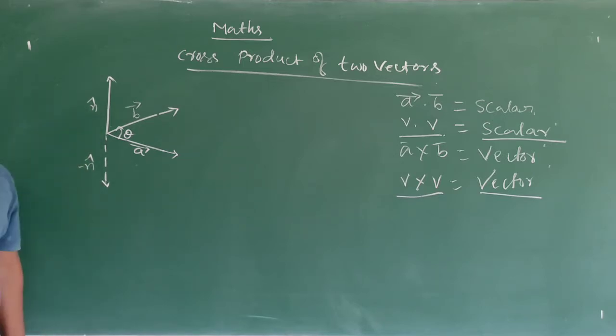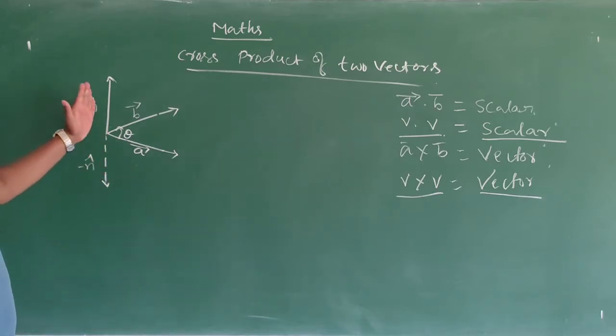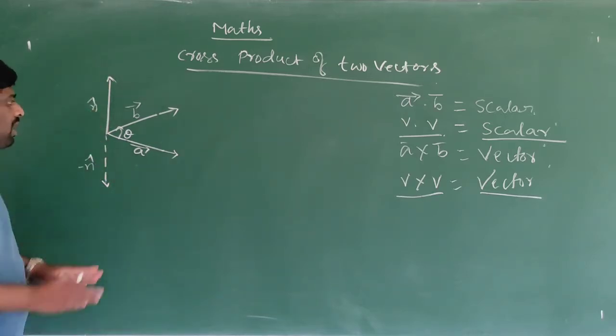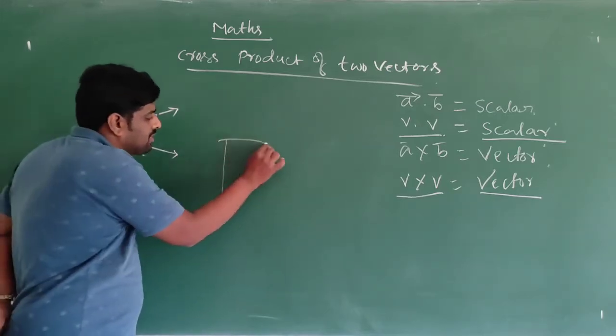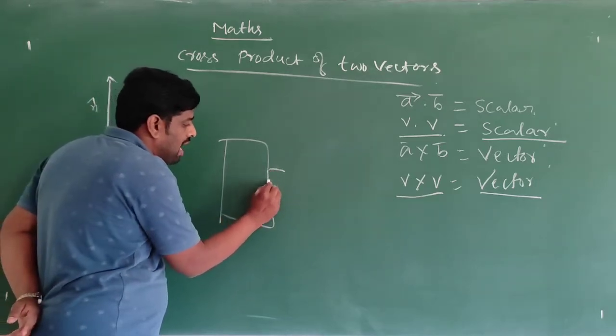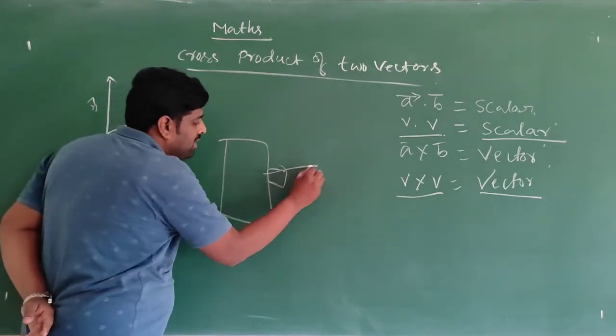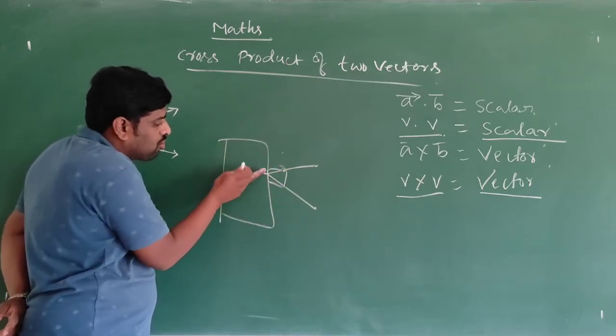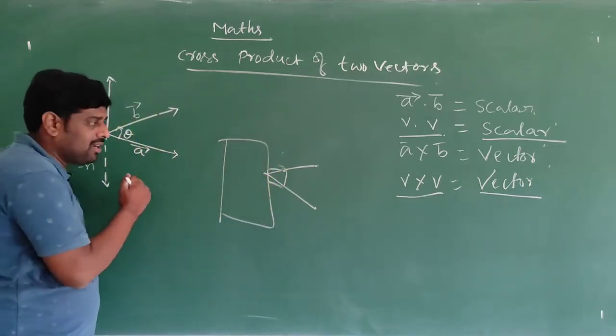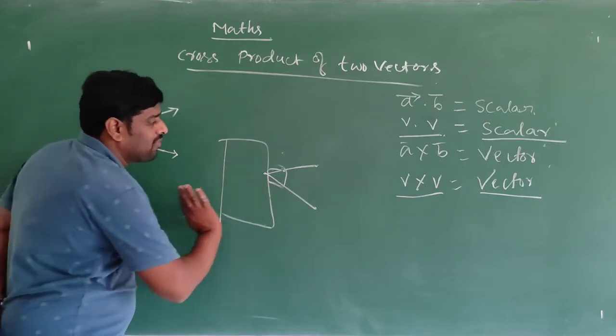Dear students, assume this is a door. This door has a handle with two vectors. Now this door is moving like this, to this side and that side.